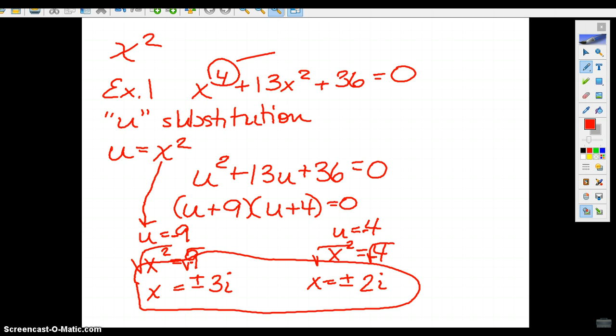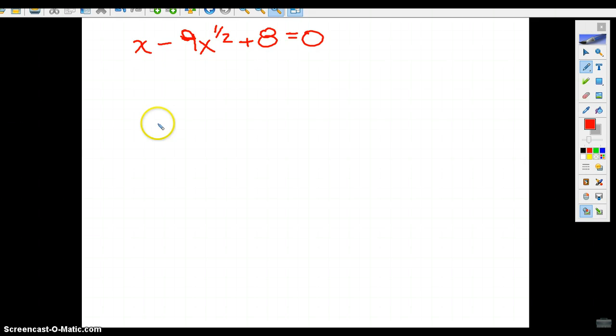Okay, we're going to try another one. Alright, so here's our next problem. x minus 9x to the 1/2 power plus 8. So remember, the first thing is we need to ask ourselves if we can write it as a quadratic. Can I take this middle term right here and write it as a u and then square the x to the 1/2 to get x to the power of 1?